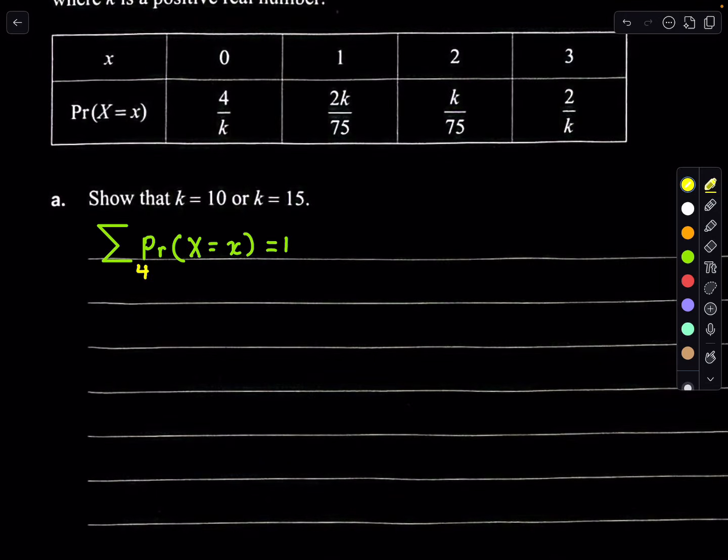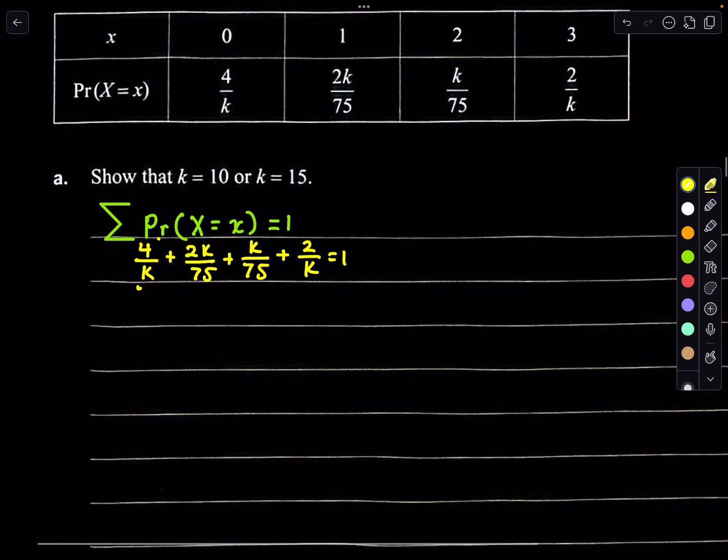So what is 4 over k plus 2k over 75 plus k over 75 plus 2 over k must be equal to 1. Now, can you see how these two have the common denominator, so we can add them up? So what's 4 plus 2? That simplifies to 6, so 6 over k.